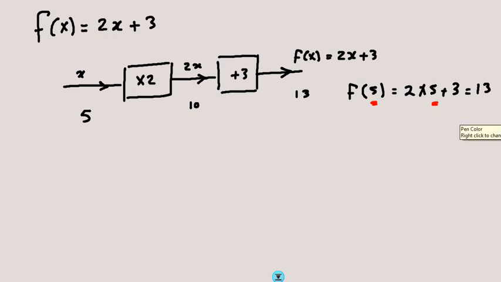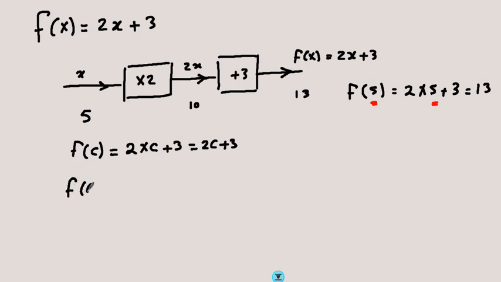Now, this can be extended to ask ourselves, what if the input was C? So f of C would be simply multiply the input by 2, 2 times C plus 3, which is 2C plus 3. And as you notice, we have replaced the x by C on the left-hand side, and we have to replace the x by C on the right-hand side. What if the input was 6n?